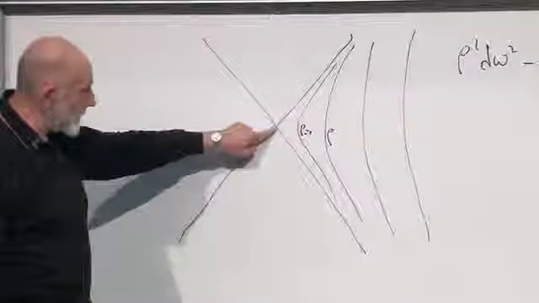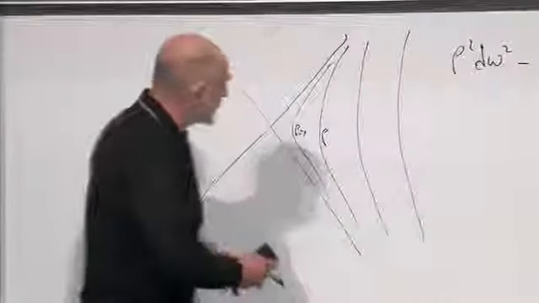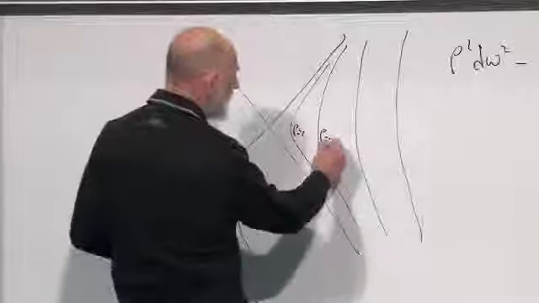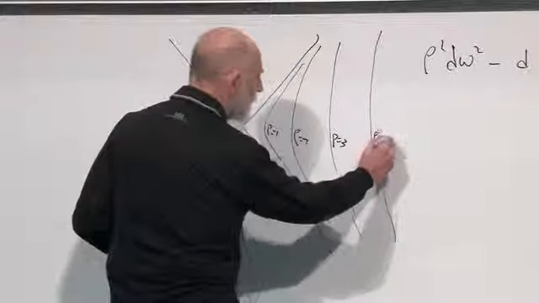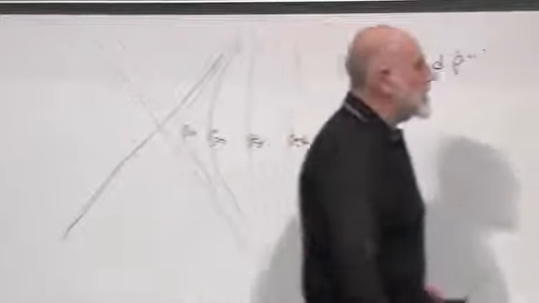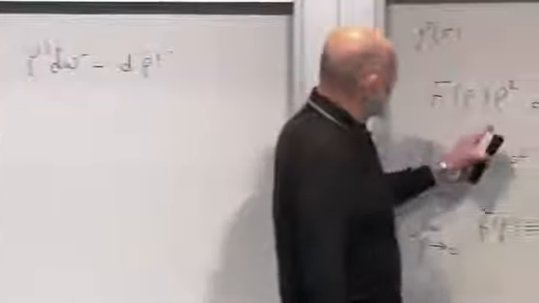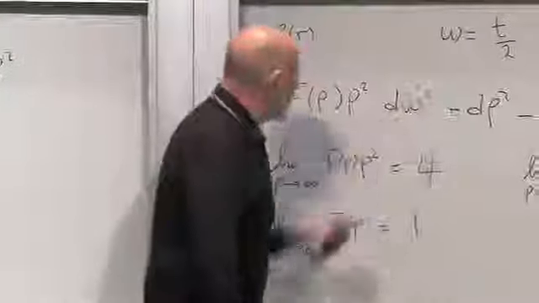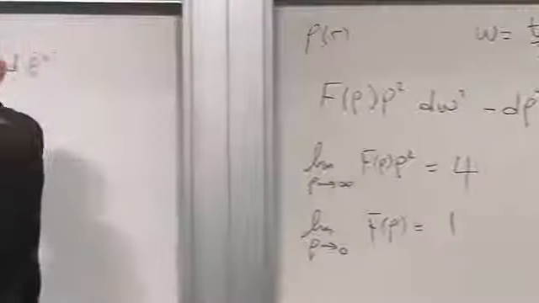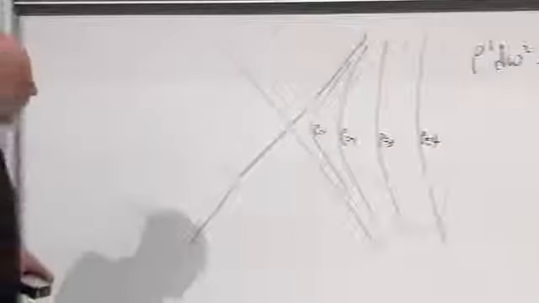The horizon's right at the center, rho equals 0. This is rho equals 2, rho equals 3, rho equals 4, and so forth. That's just looking at this metric here and noticing that, apart from this f of rho, near the horizon it just has the form of flat space in hyperbolic polar coordinates.